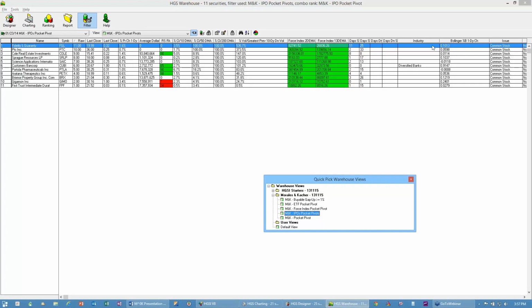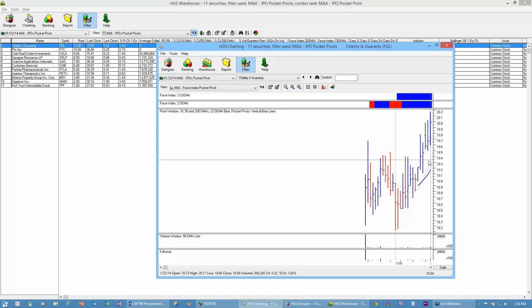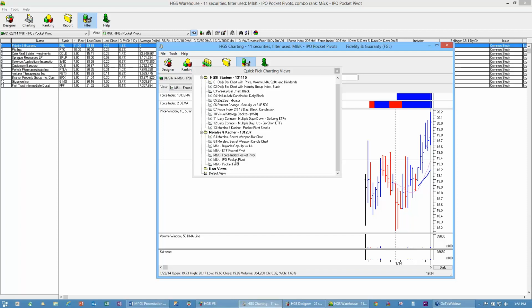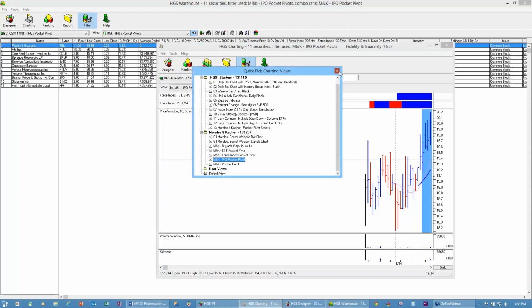Notice that the industry is not filled in for most of these because generally, if a stock has not been trading for more than 6 months, it is still considered an IPO. So we have pocket pivots in here based upon IPOs now. Let's just take a look at this, and you can see obviously that this is an IPO, and we do have a corresponding pocket pivot view for that.